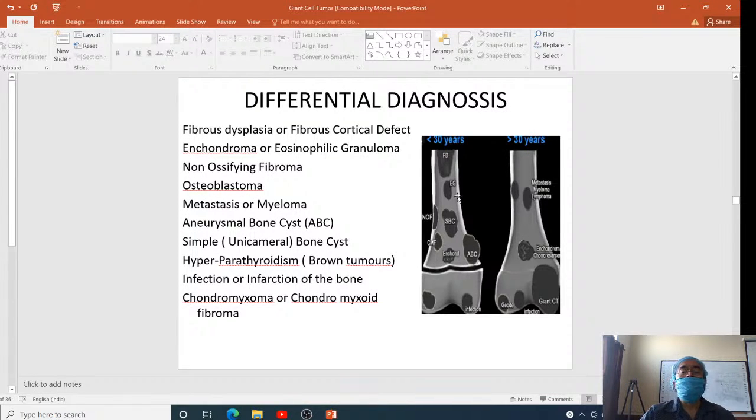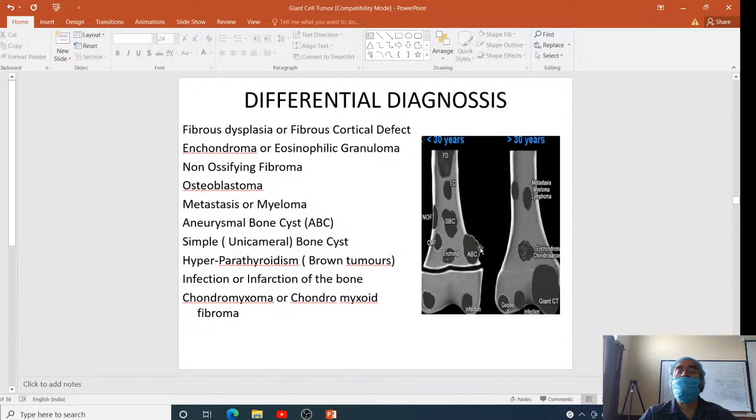Sorry. So these are some of the clinical conditions which can mimic GCT. So in this diagram, if you look, you can have fibrous dysplasia here. So enchondroma, non-ossifying fibroma, simple bone cyst. This is aneurysmal bone cyst.